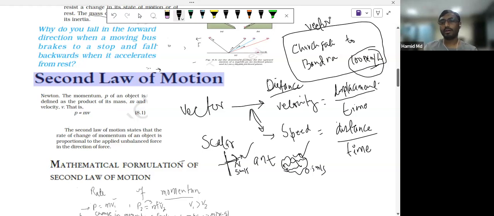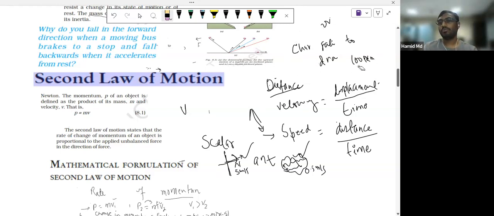I would like to ask, what is instantaneous speed or instantaneous velocity? Do you feel anything to note from this slide? No. So what do we mean by instantaneous speed or instantaneous velocity?